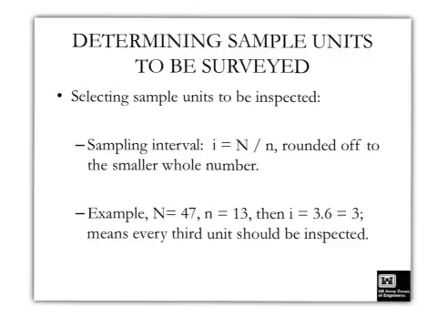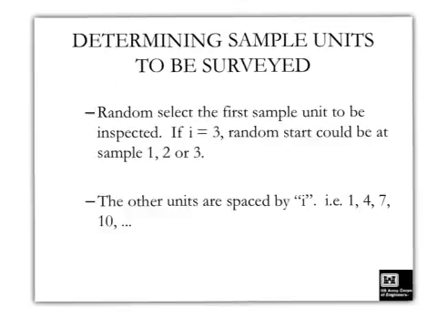What is 3.6? It is simply 47 over 13, and that gives me 3.6, and based on the rule that I was just mentioning, it has to be rounded down to the smaller whole number, which is equal to 3. What does this number 3 mean? It really means that every third unit should be inspected. So the way to randomize this is, I'm going to have a random selection of the first sample unit to be inspected.